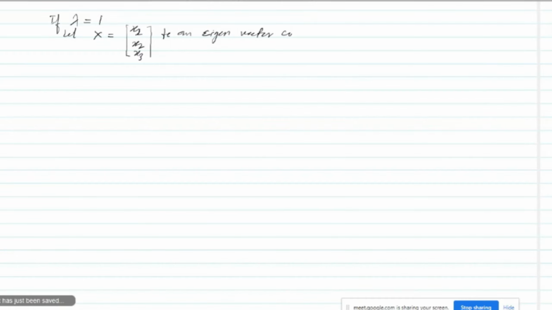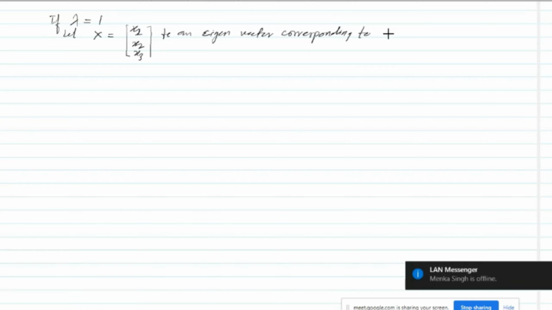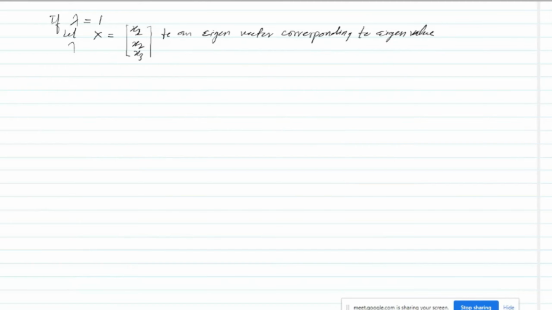Now, no need to write down case number if lambda equal to 1. So let x equal to x1, x2, x3 be an eigenvector corresponding to eigenvalue lambda equal to 1.